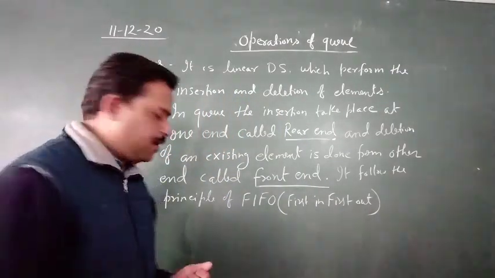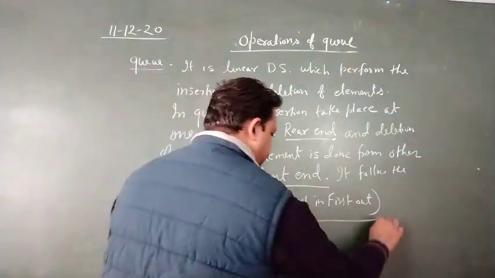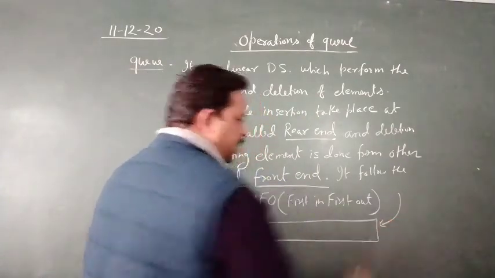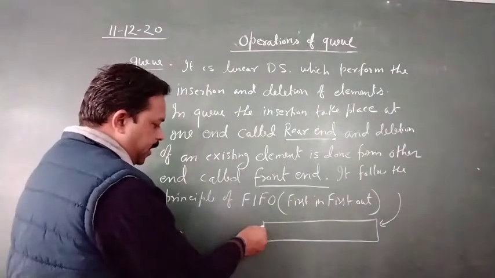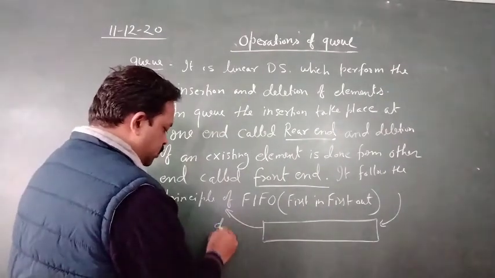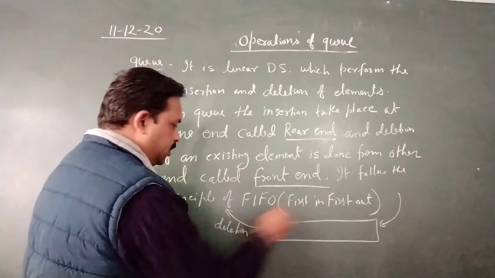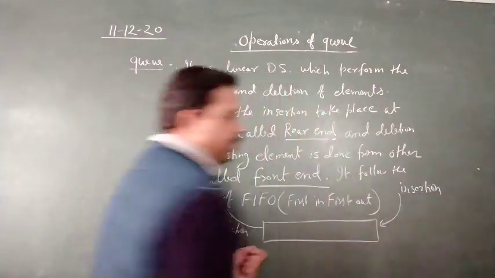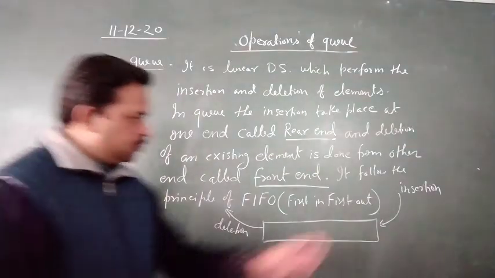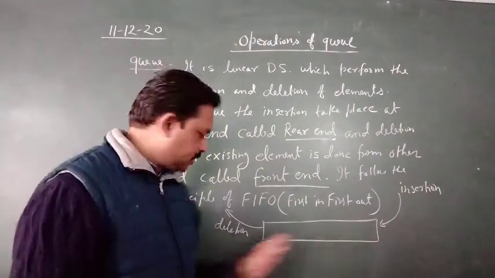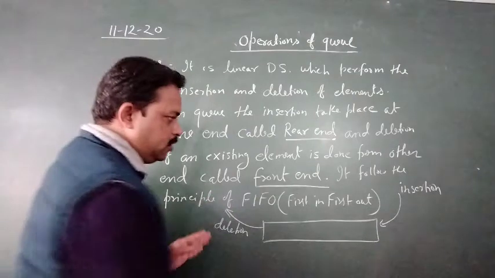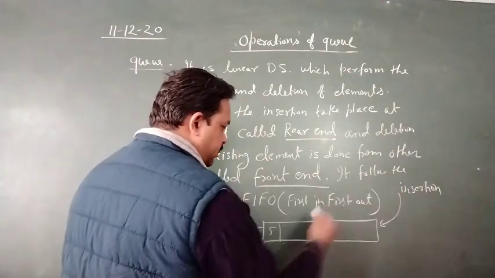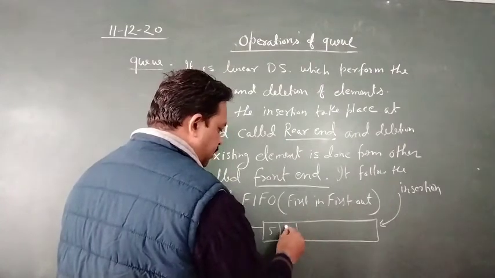Let us understand with the diagram. Suppose this is your array. Here from one end I will do the insertion, and from the other end I will do the deletion. So from here I am doing the deletion, and from here I am doing the insertion. So this part is known as rear end, and this part is known as front end. When you insert the element, first element will come here, 5. When you insert the next element, it will come here, 3.